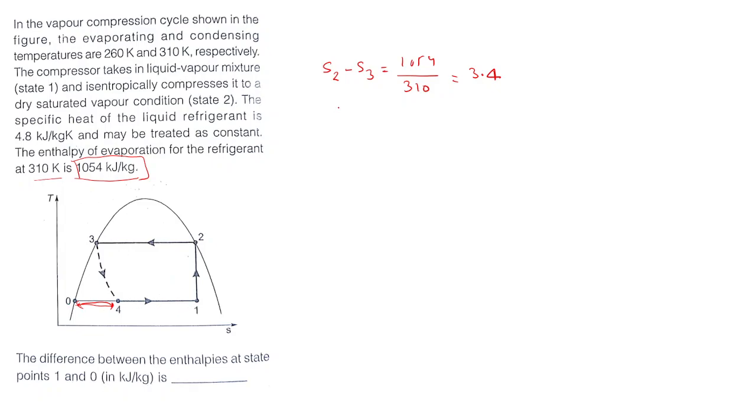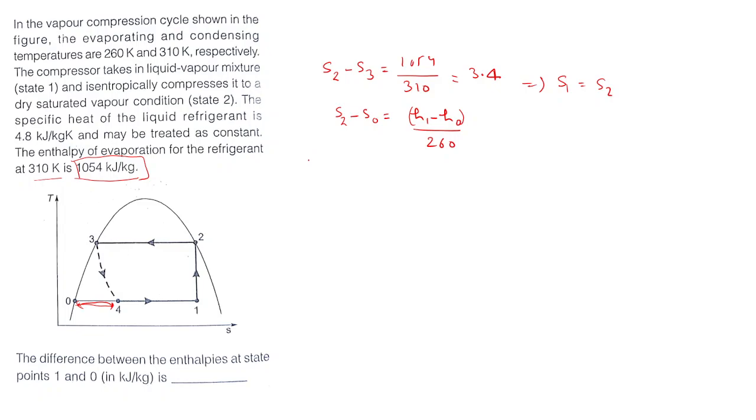And so the entropy difference from 1 to 0 would be H1 minus H0 by T saturation. How much is the temperature? 260, right? And we have to find this, right? This is our aim, correct? Yes sir. From here we know S1 is same as S2, so here we can write S2 minus S0.